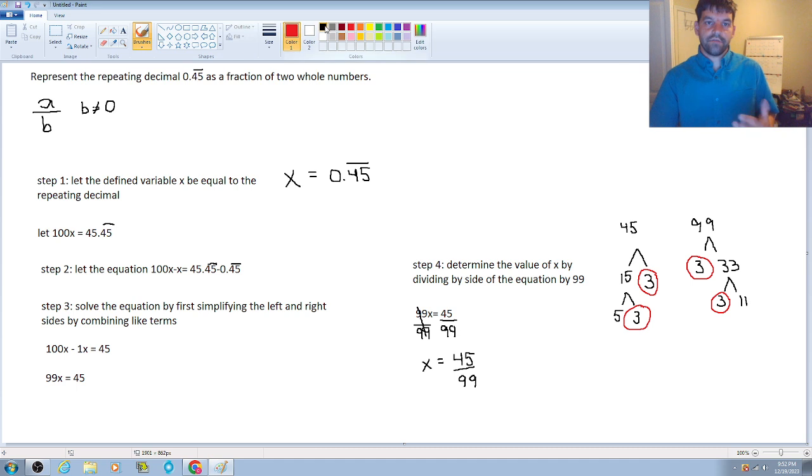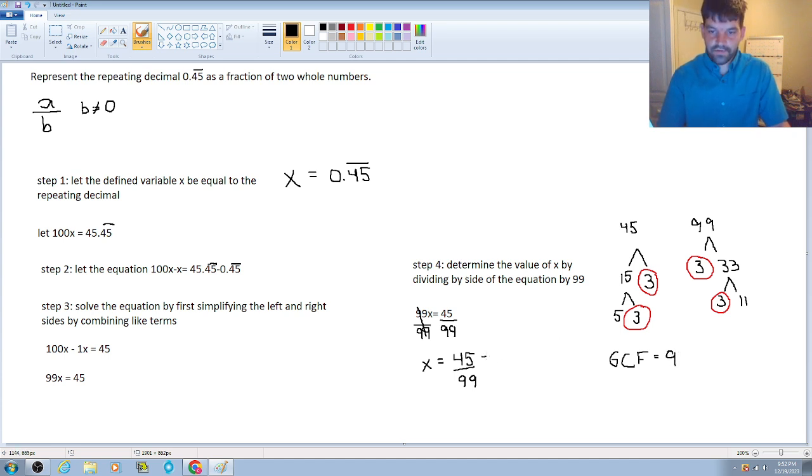So remember here, everything is multiplied. So the GCF is going to be 3 times 3, or 9. So I can take that, I'll go ahead and say GCF equals 9.